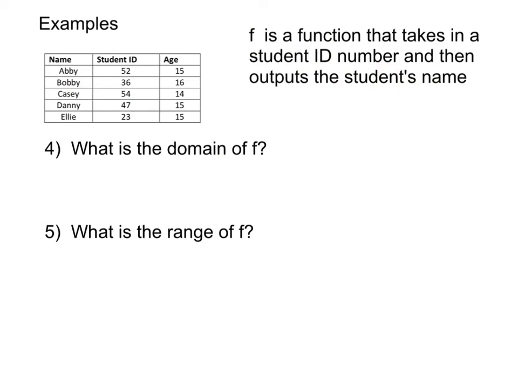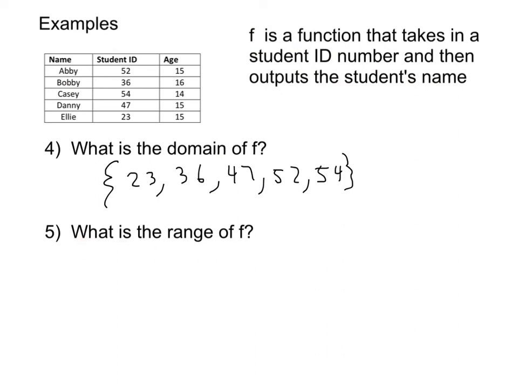So the domain, and we'll use these curly brackets for our list, is just all the possible ID numbers. I'll put them in order: 23, 36, 47, 52, 54. Easy as that. It's just all the possible input values. These are the things that could possibly be inputted.